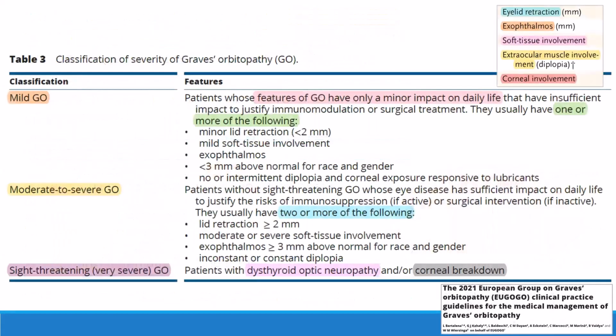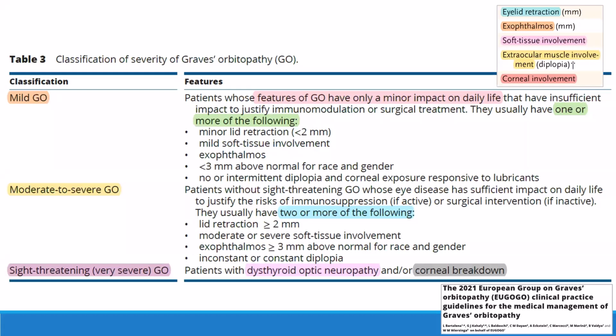Another one is the classification of Graves' orbitopathy according to severity: mild Graves' orbitopathy, moderate to severe Graves' orbitopathy, or sight-threatening, very severe Graves' orbitopathy. How to differentiate between mild versus moderate to severe? By 5 items: eyelid retraction, exophthalmos, soft tissue involvement, extraocular muscle involvement, and corneal involvement. Regarding these points, we can classify our patient as mild or moderate to severe.